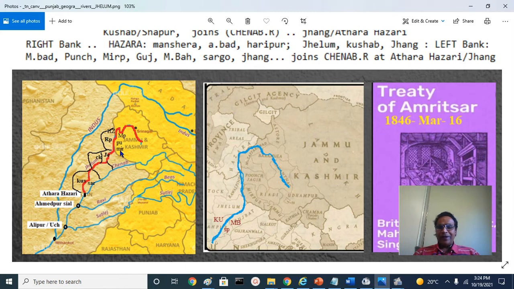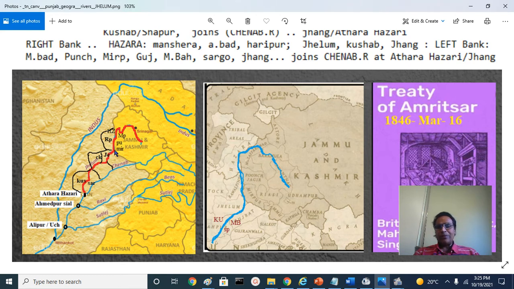Before in that area, the river also receives one of its other tributaries, the Poonch River. Named after the Poonch River, there is a district called Poonch. And the river is dammed at the border between the Maharaja's territories in the east and the British East India Company territories on the west at a place called Mangla.